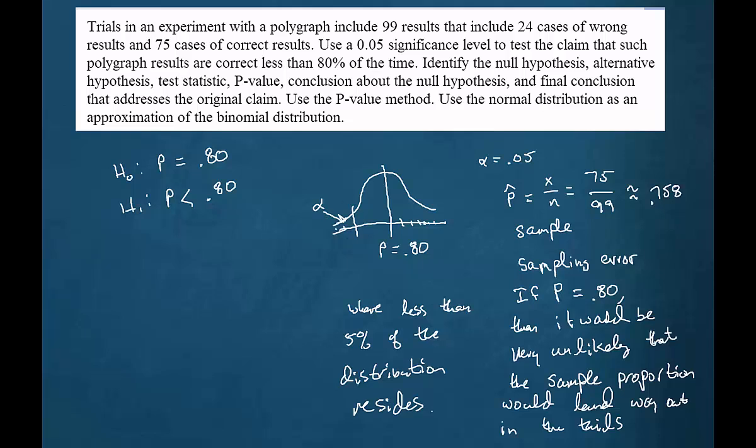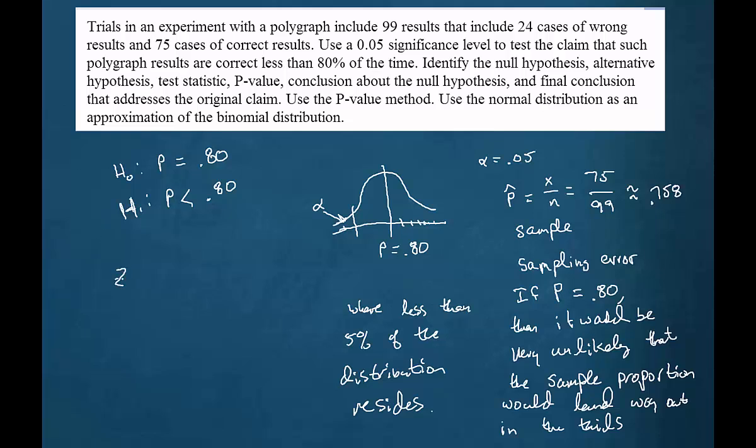Because if I land way down here, I'm certainly going to reject that the population proportion is 0.8, and the only thing left for me to conclude is that it is less than 0.80. Now it says that we're supposed to do this by stating the null and alternative hypotheses. Okay, we've done that. And then find the test statistic.